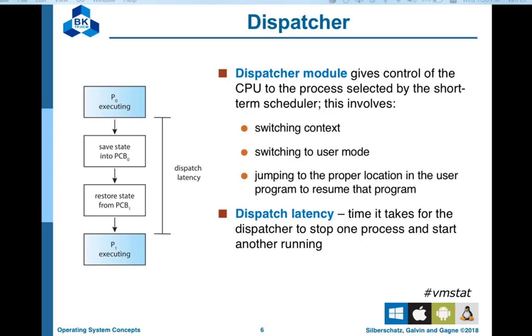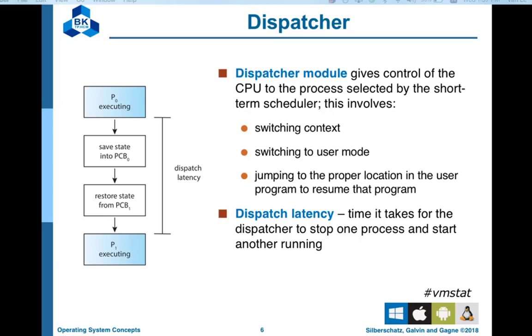Here the short-term scheduler is the CPU scheduler. We say short-term scheduler because the CPU burst time is very short. The dispatcher involves some activities such as switching context between two processes, switching to user mode, and jumping to the proper location in the user program to resume that program.